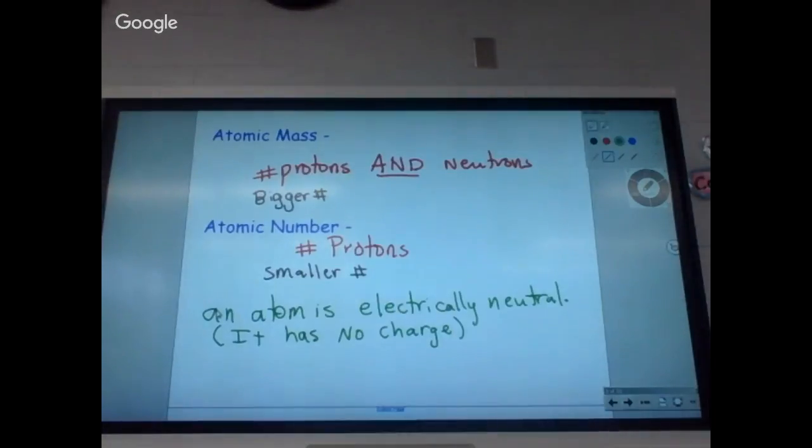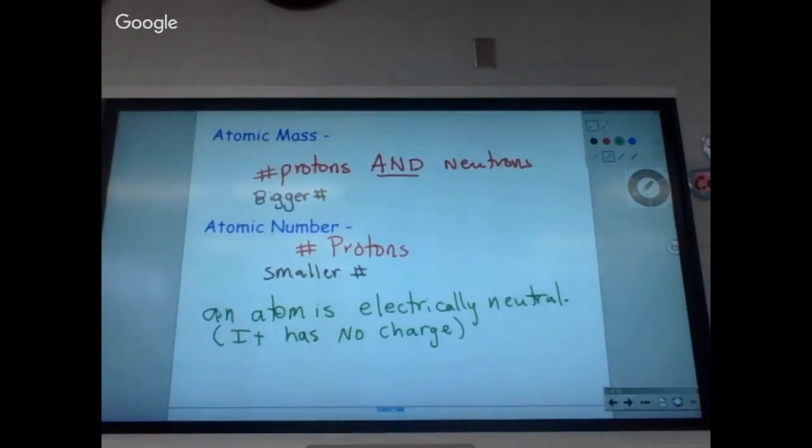So, if an atom is electrically neutral, it can have no charge whatsoever. What does that mean for our protons and our electrons? If it can have no charge, do they have to be the same or do they have to be different? They have to be the same.